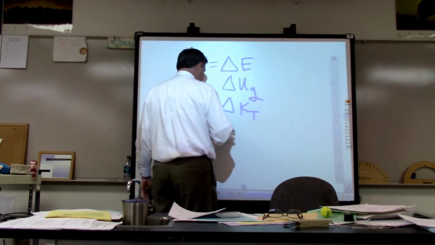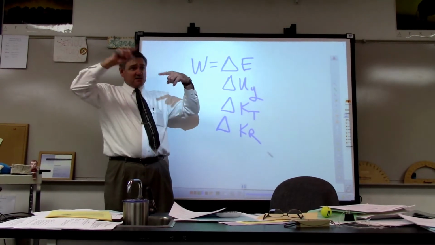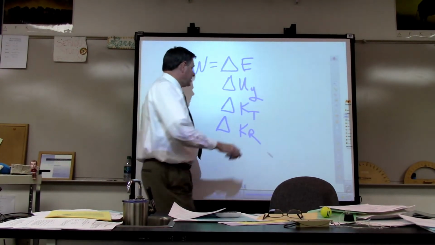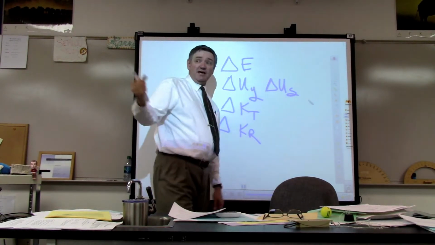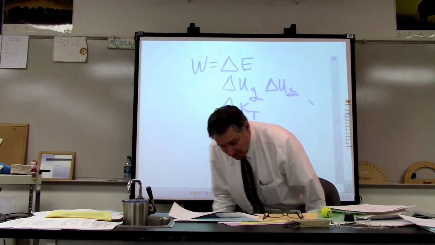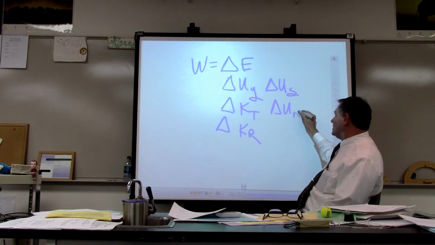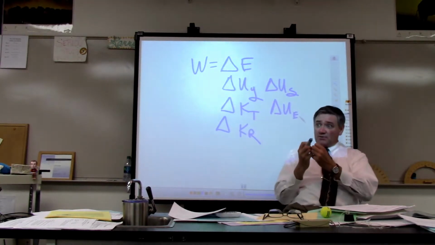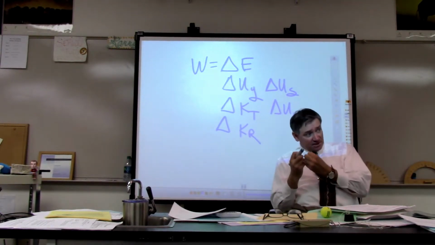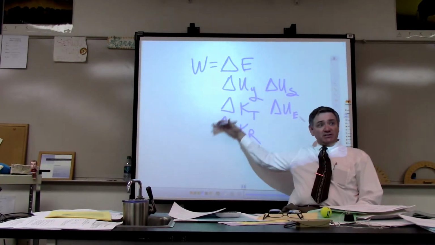It could be a change in rotational energy if I take that bicycle wheel to make it spin. It could be a change in US if I take a spring and compress it. Once you get into electrical fields, you can have a change in UE. Like if I take two electrons that don't want to be near each other and I push them together, I have to do work to push those electrons together. So any work can be a change in any of these.